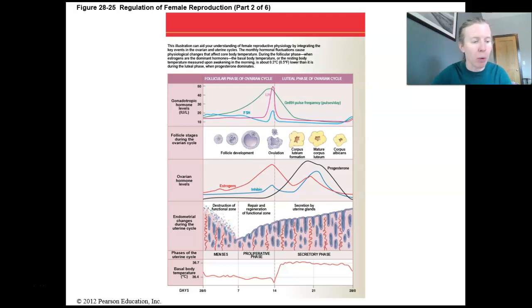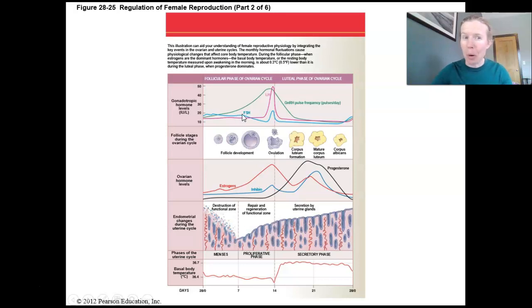And that's going to play a role in how we release things like follicle stimulating hormone. At that frequency, every 60 to 90 minutes, what that's telling the pituitary is to release follicle stimulating hormone, right? And you can see follicle stimulating hormone never reaches particularly high levels, but its highest really is here during this follicular phase.